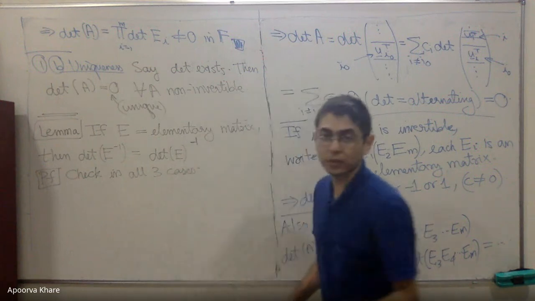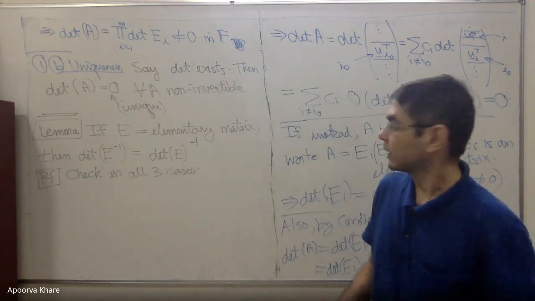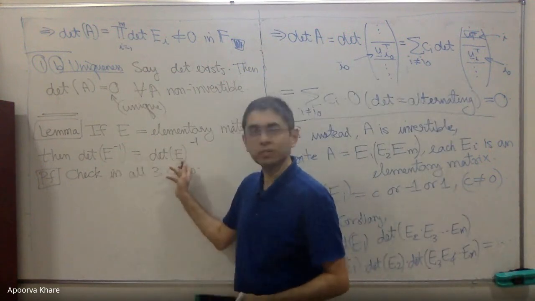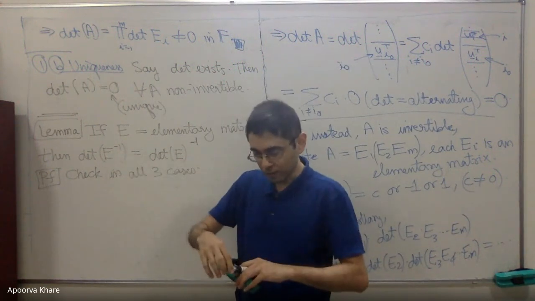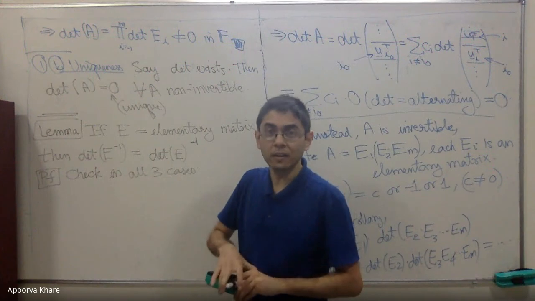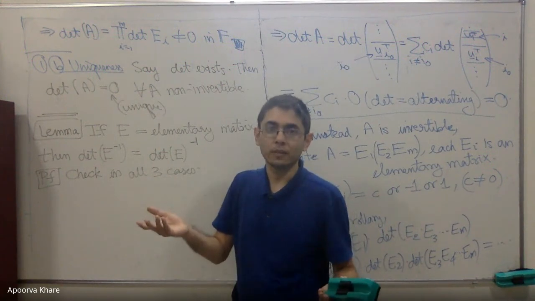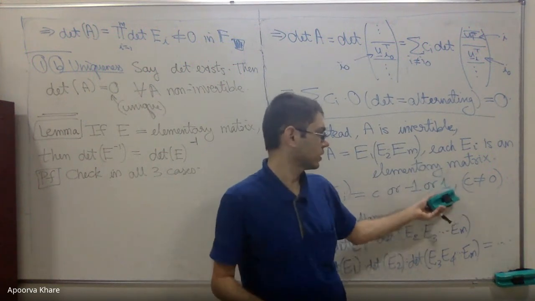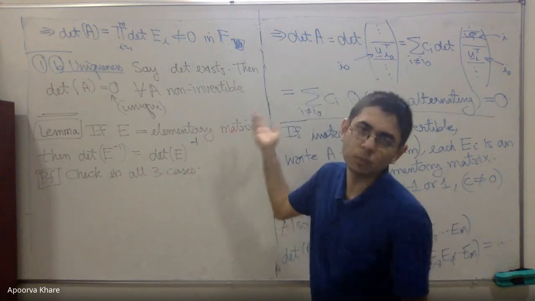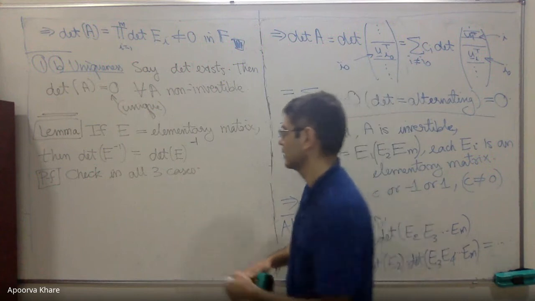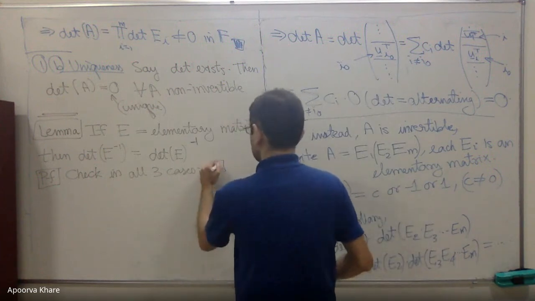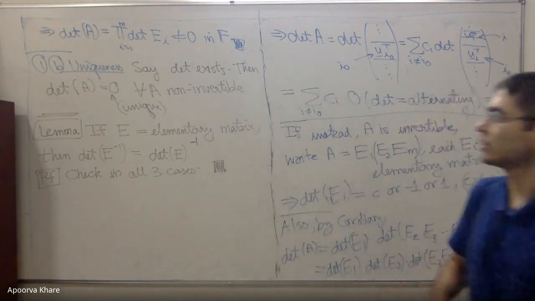In the third case, for instance, if E is of the third row operation kind, then so is E inverse. And for all elementary matrices of the third kind, the determinant is 1, as we already verified. So 1 inverse is 1, that's obvious. -1 inverse is -1, and c inverse is c inverse. Okay, great. So now I have this.